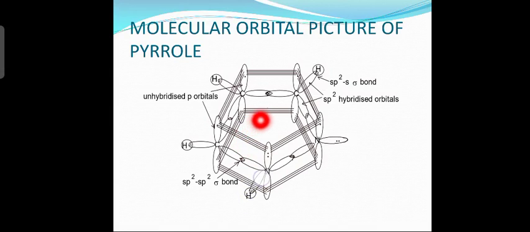When you substitute in Huckel's rule, 4n plus 2 with n equal to 1, 4 into 1 plus 2 is 6, which means it has 6 pi electrons. So this molecule also obeys Huckel's rule. Therefore, this compound is also an aromatic compound.